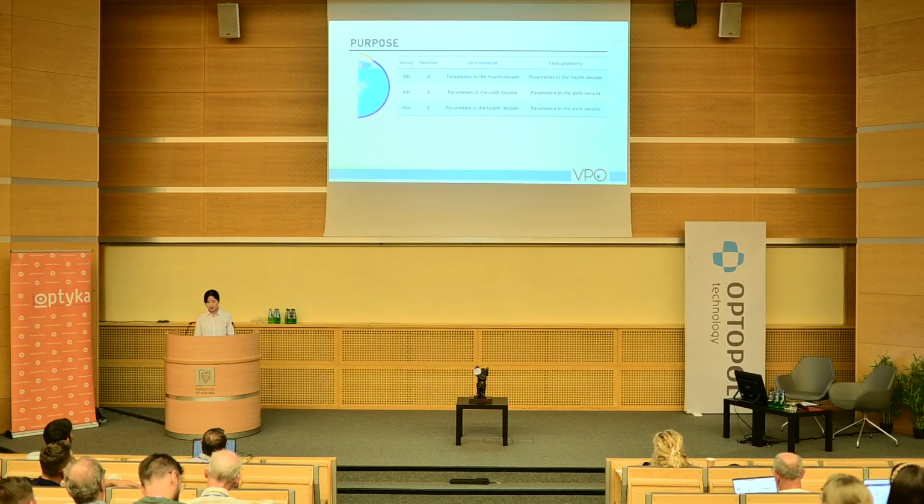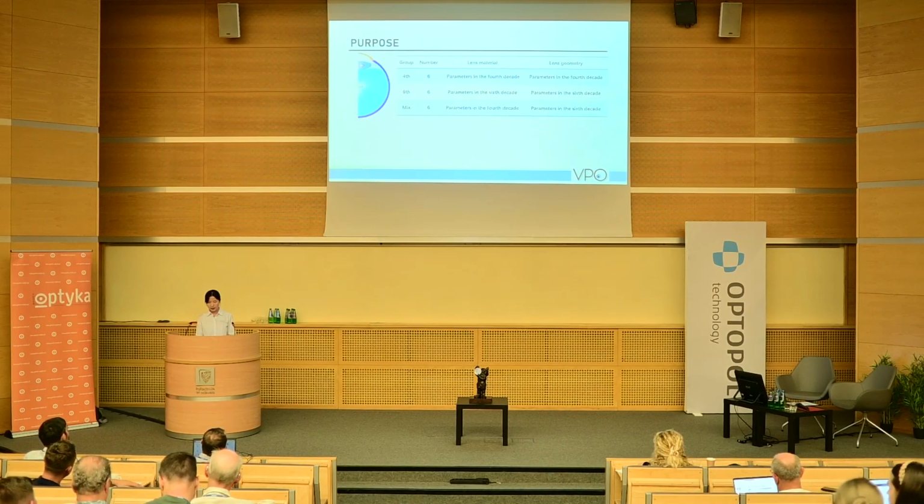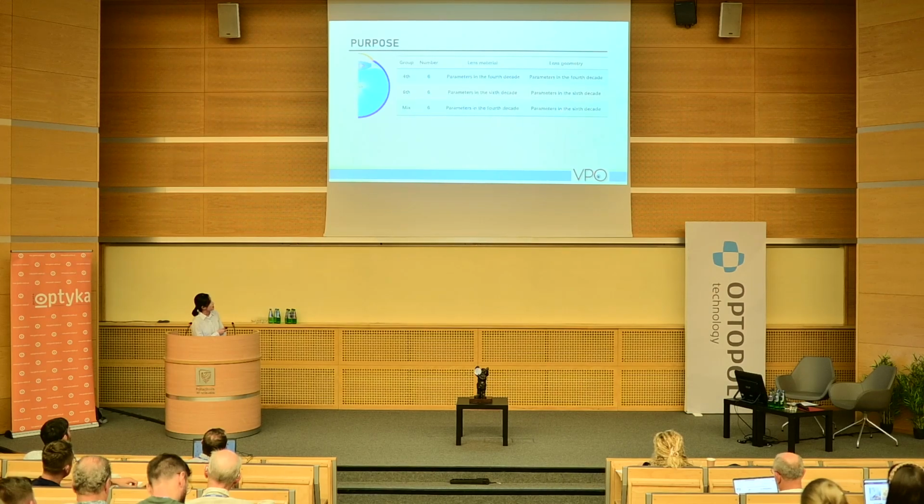And the second group includes lens samples from individuals in their 6th decade with corresponding parameters. And in the mixed group, we combined the parameters from both 4th and 6th decades to allow for comparative analysis.